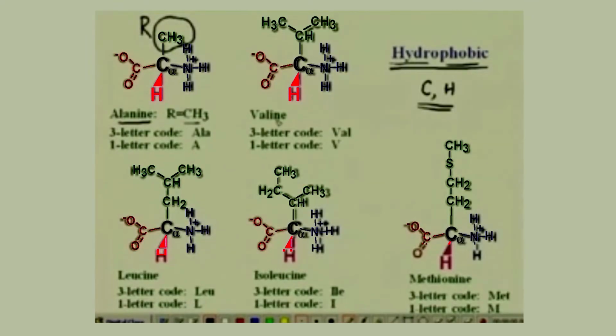We then come to valine. Valine is beta branched. We have CH, CH3, CH3. We then have leucine, CH2, CH, CH3, CH3.